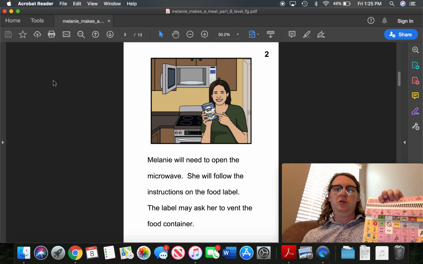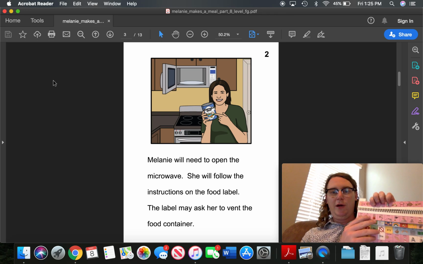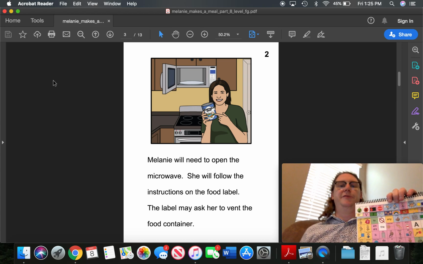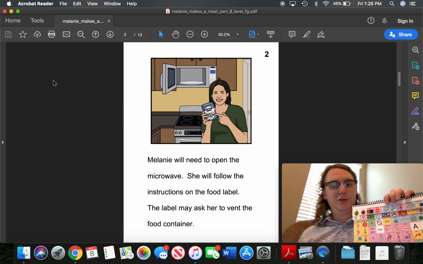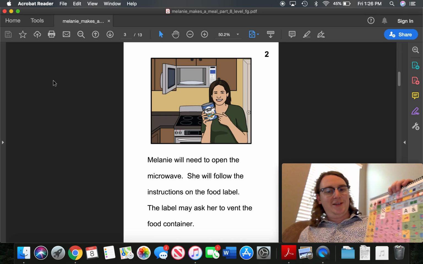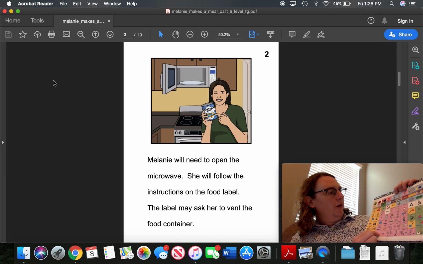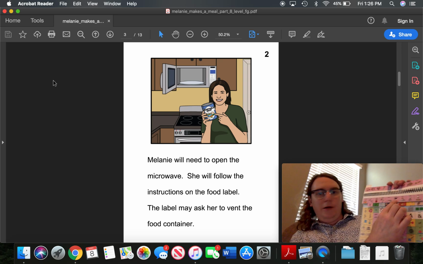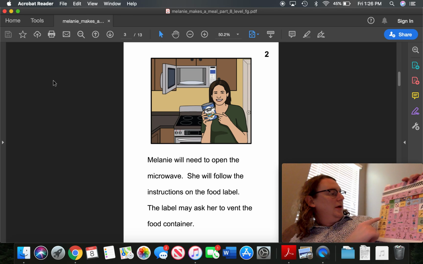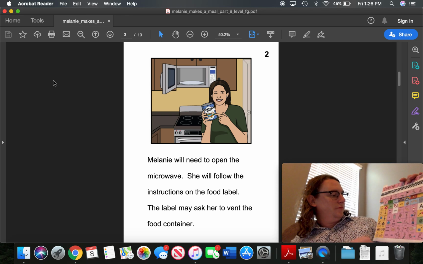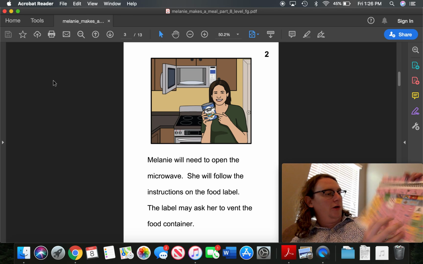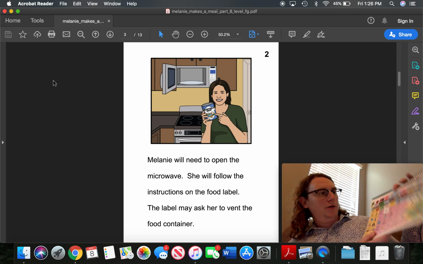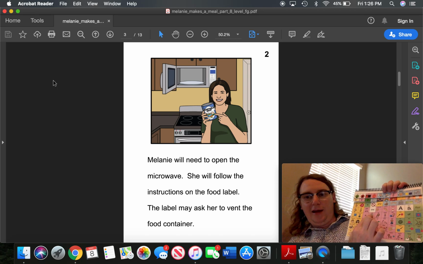So when we go to page 2, Melanie will need to open the microwave. She will follow the instructions on the food label. The label may ask her to vent the food container. So a lot of these words are not on here, right? So she will open it. She will read writing on can.